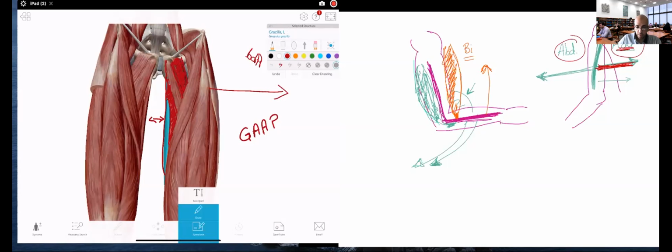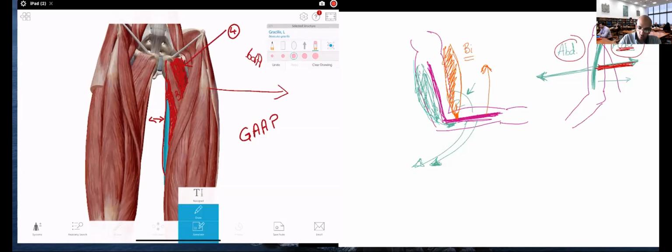So again, we need to know only four muscles in the adductor muscle group: gracilis, adductor magnus, adductor longus, and pectineus.